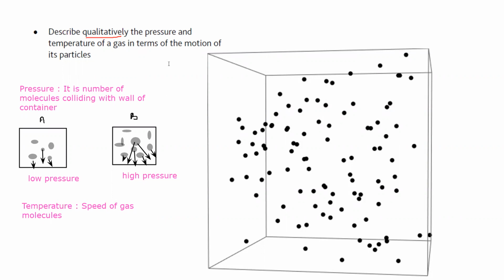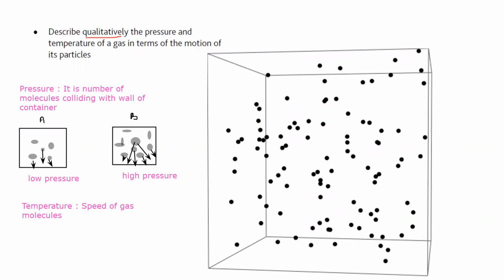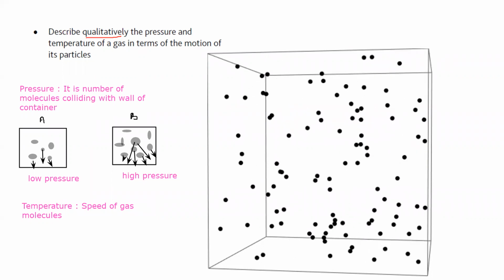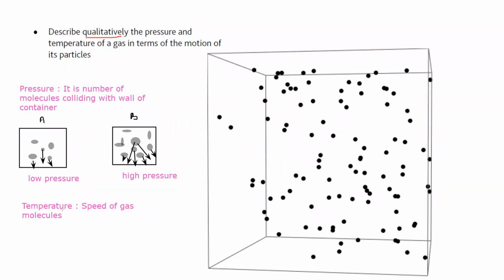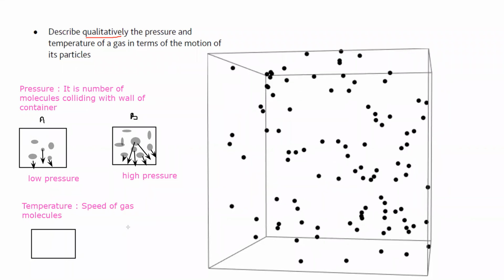So if we increase the temperature, the molecules will have more energy and will move faster. For example, if we have two containers filled with an equal number of gas molecules, and they are at different temperatures.